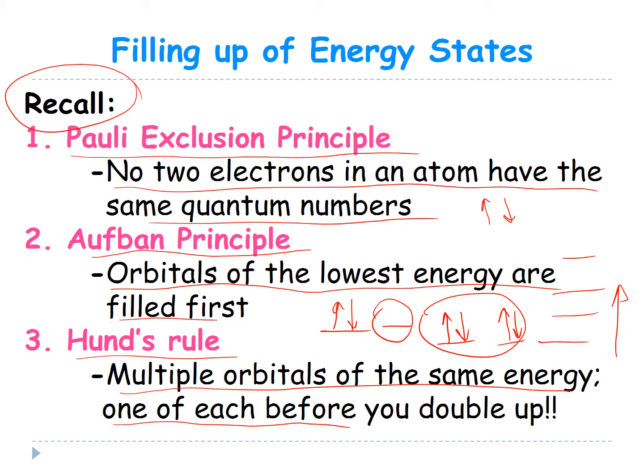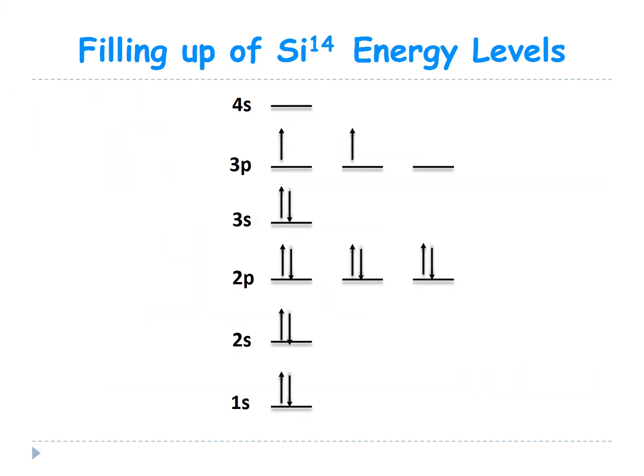So you have to fill one each before you double up. And here's an example. We have our silicon, which contains 14 electrons. If we are going to fill this, I'll just redraw this here so that you see how we fill it up.